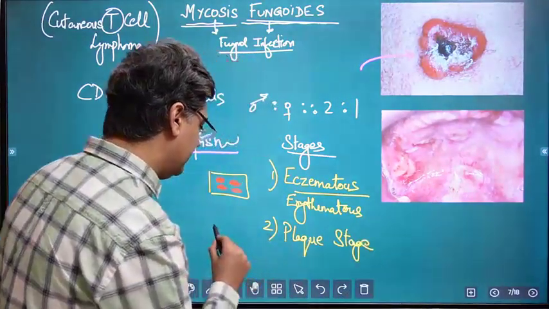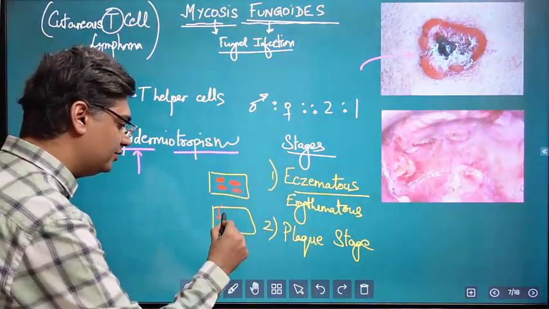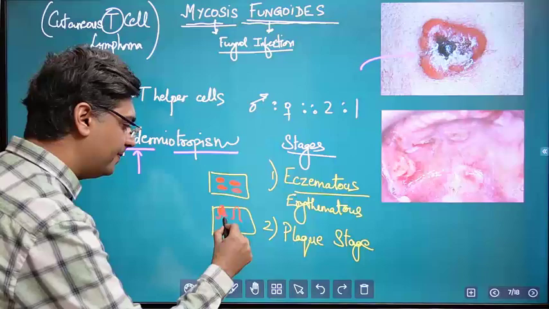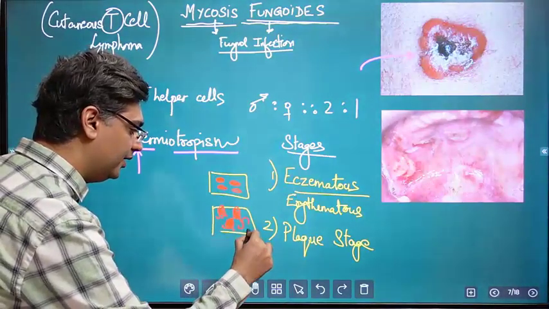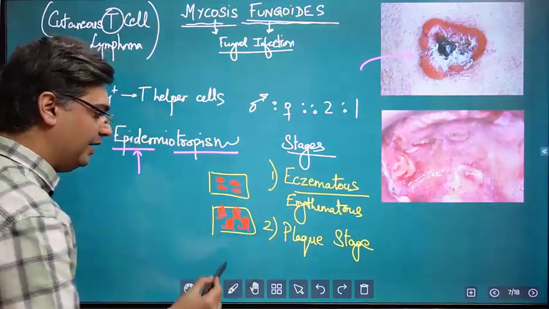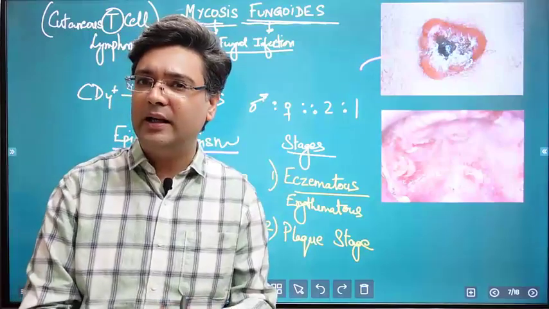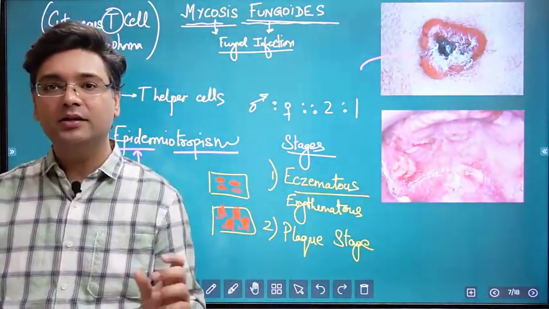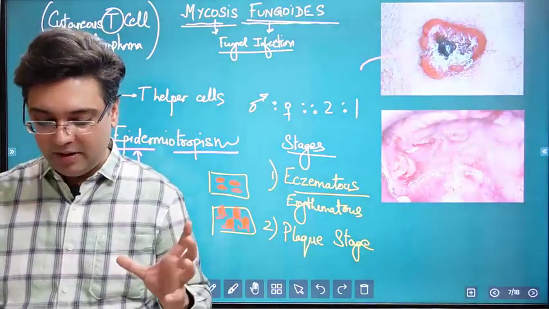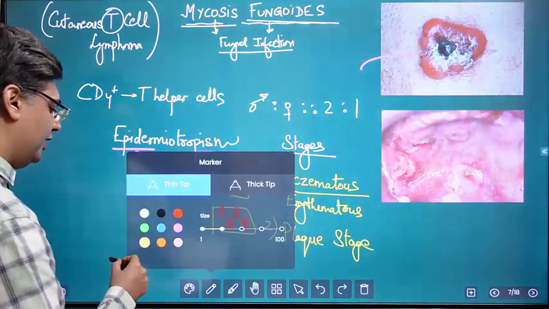So in the plaque stage, those lesions which were flatter now start to get elevated. Okay, right? You find these lesions a little bit, yeah, they have elevated out, right? So as if a red whole plaquey patch is there on the surface of the skin. And these plaques become more and more distinct, and now they are converted into nodules.